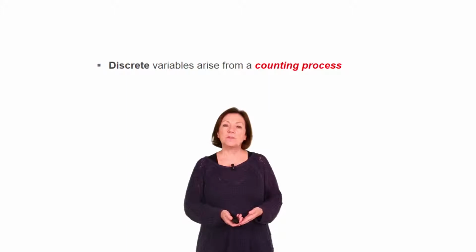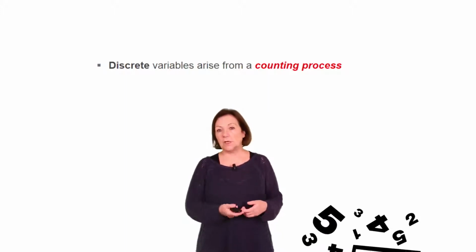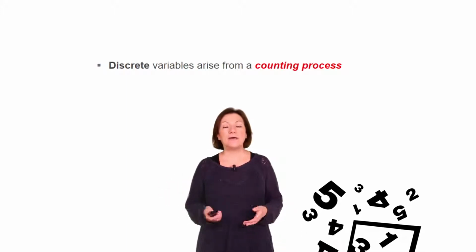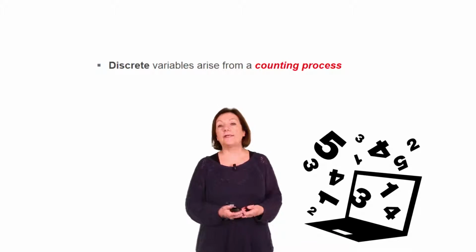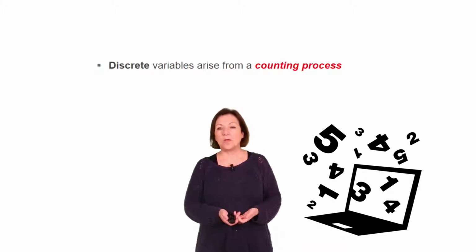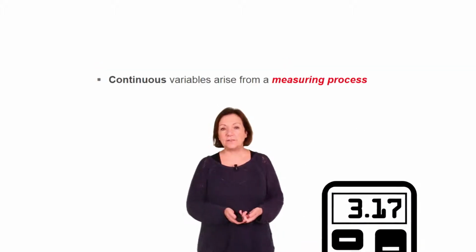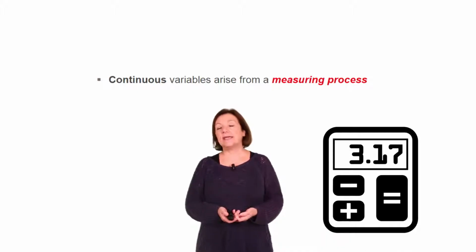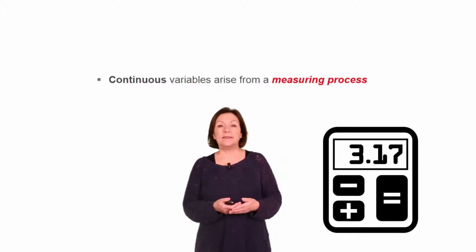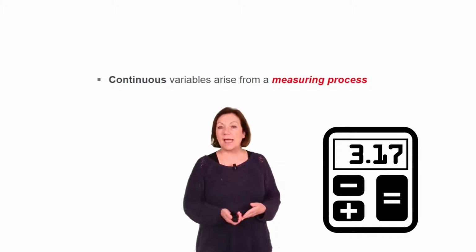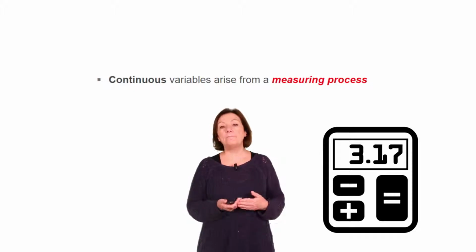Discrete variables are always indicated by an integer number, so 1, 2, 3, 5, 10, whatever, and they result from a counting process. Whereas continuous variables can take any value between 0 and infinite, so they can be integers, they can have decimals, and they result from a measuring process.